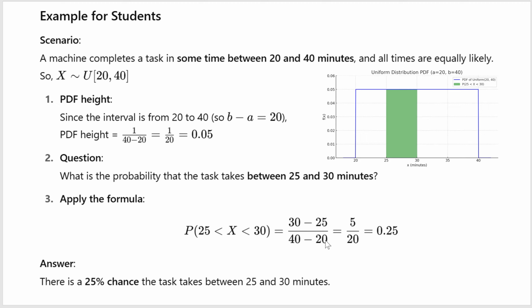You can do it like this, or you can say this width multiplied by the height, which is 5 multiplied by 0.05, is 0.25. This is exactly the same thing as comparing this width with this width, because the height of both is the same. So there's a 25% chance the task takes 25 to 30 minutes.